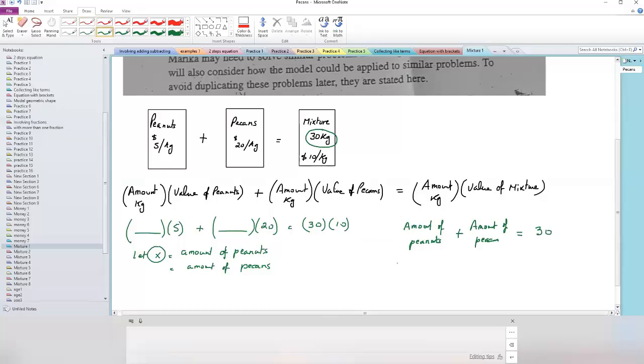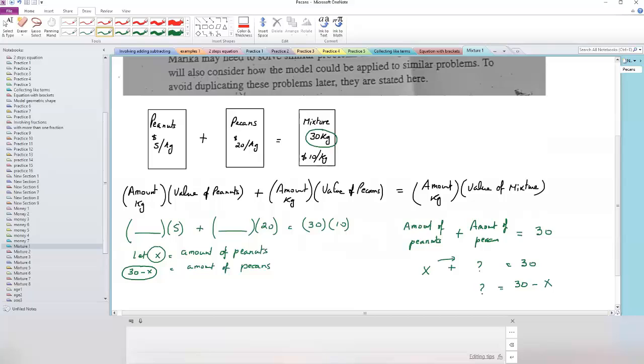So if I am saying here x is the amount of peanuts plus unknown equals 30, if I isolate this unknown and transfer the x to the other side, it's going to be 30 minus x. So this is really the amount of pecans. And now if you see, I have two amounts with the same variable x.